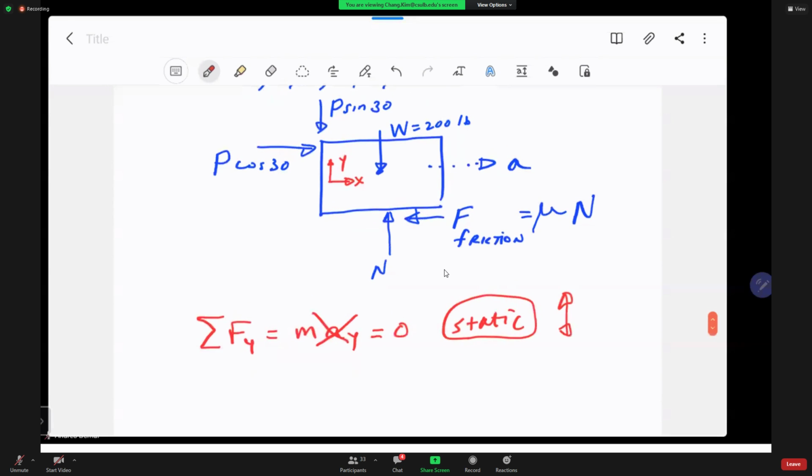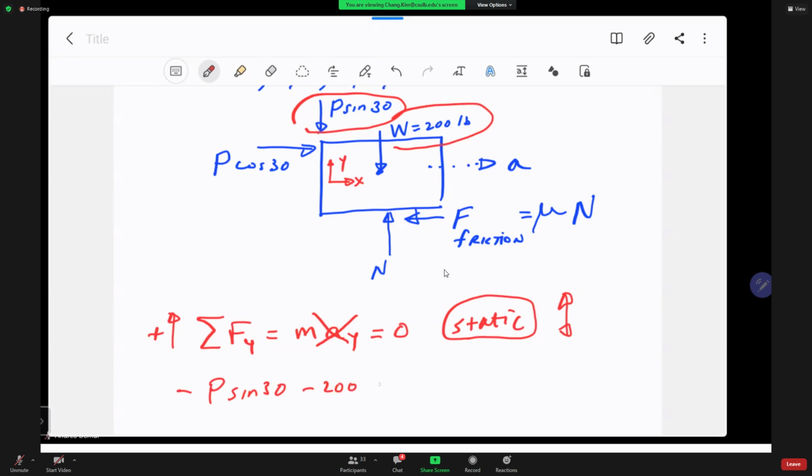So summation of the force, I'm going to call positive upward. So here they are, minus P sine of 30 and minus 200 pounds.